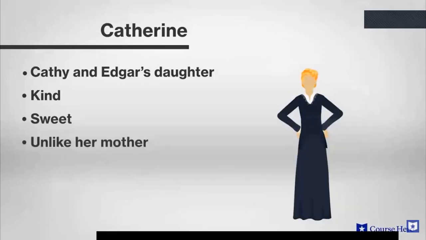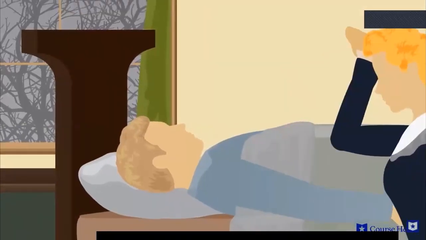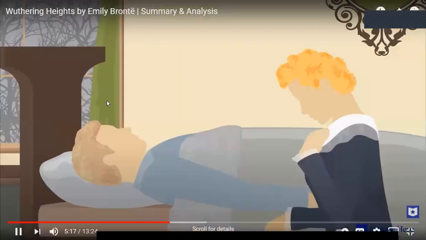She lives with her father at Thrushcross Grange. At first, she despises Hareton for being an uneducated servant. She falls in love with her sickly, bookish cousin, Linton, who betrays her when threatened by his father, Heathcliff. Linton and Catherine marry, and Catherine cares for him until he dies. While teaching Hareton to read and write, the two fall in love.